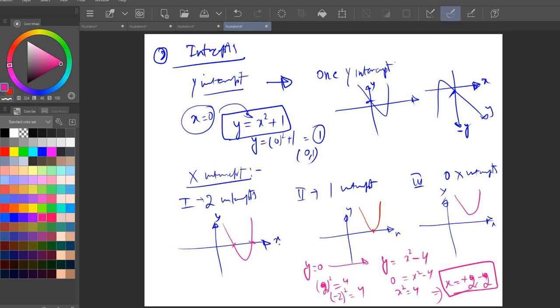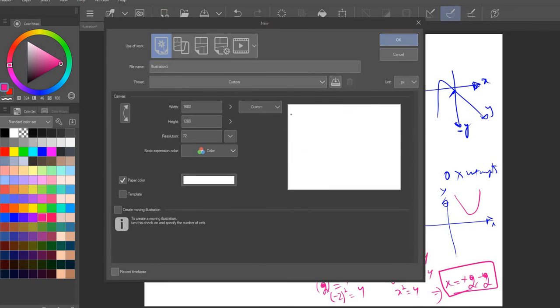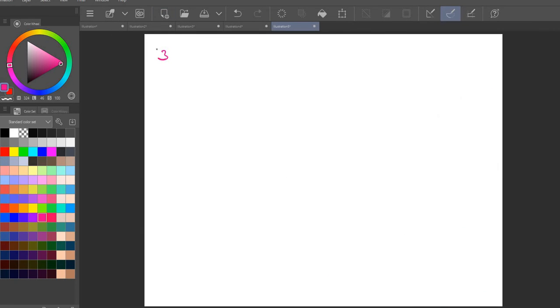Now in this case, I am dealing with a case where my graph has two x-intercepts. Here you see plus 2 and minus 2. This might be the case. And similarly, you could have various other cases. Okay, so these are intercepts. Now let's talk about the third feature.